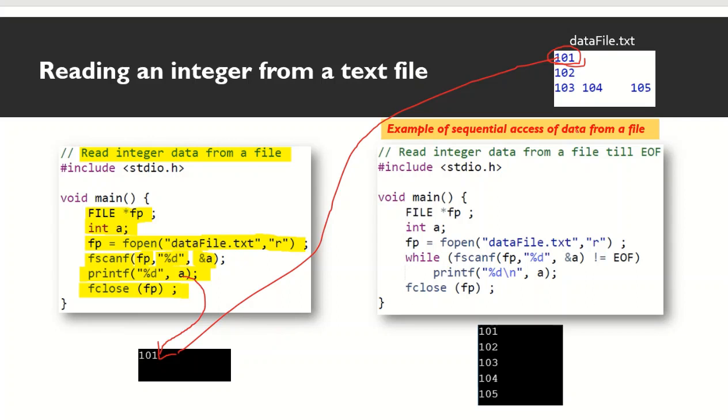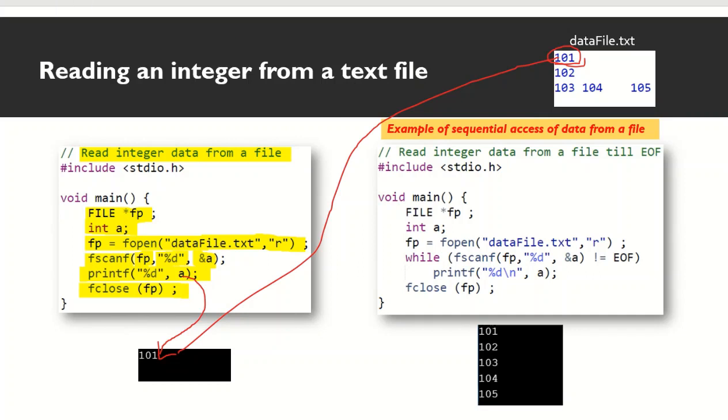And if we want to access all these data, that is, there are 5 numbers, we are going to sequentially access these data from the file. So here also we are using the same function fscanf, but we will be running it in a loop. So how can we perform this?